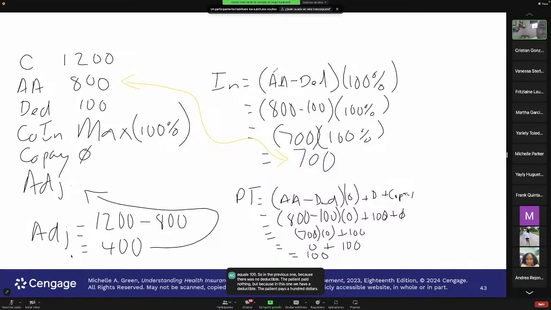If the patient had a co-payment, then you have to add whatever that co-payment is. In this case, co-payment is 0. But if co-payment was anything, you have to add it to that one. So the patient responsibility in this example, where the deductible was $100, is $100.